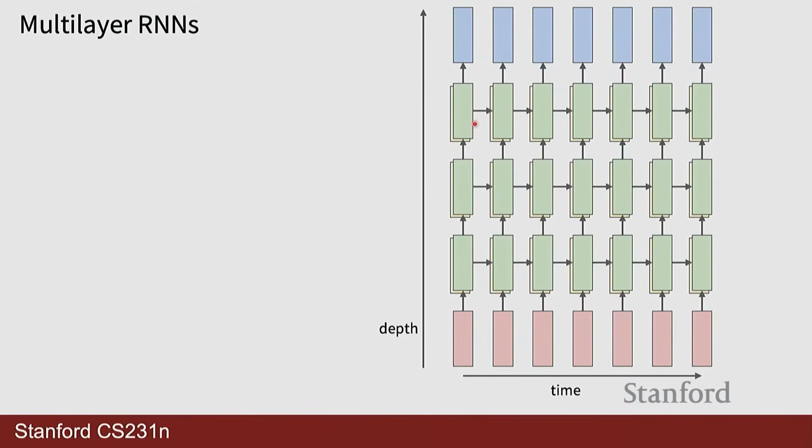And then in terms of looking at windows in the time dimension, the first layer will have the actual input X as the input, but then the second layer will take as input the output Y from the previous layer. So you can stack these up, and it forms this grid where each layer is operating with regards to the previous hidden states only within that layer, but then in terms of passing input and output, that is between layers.